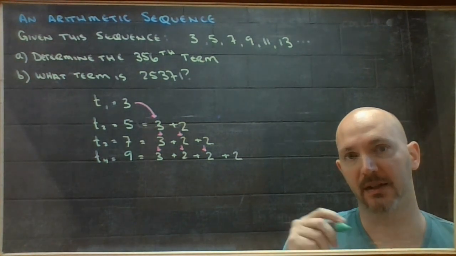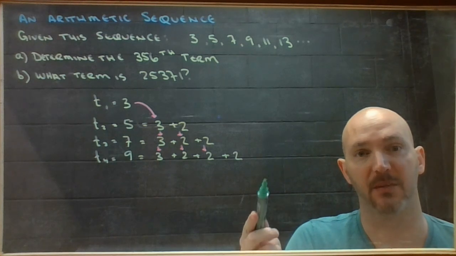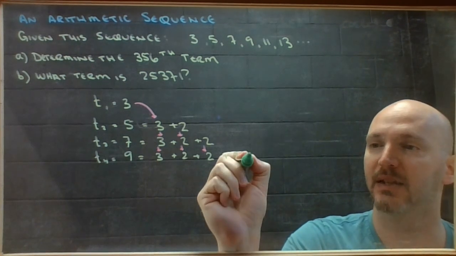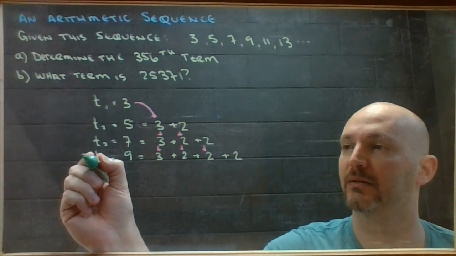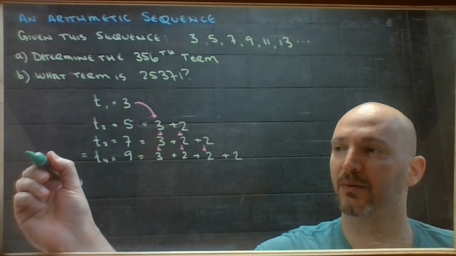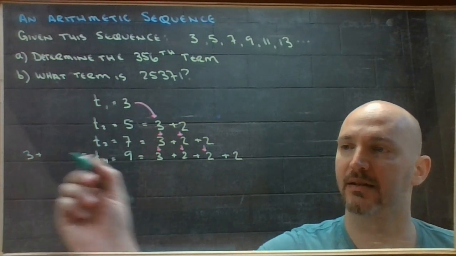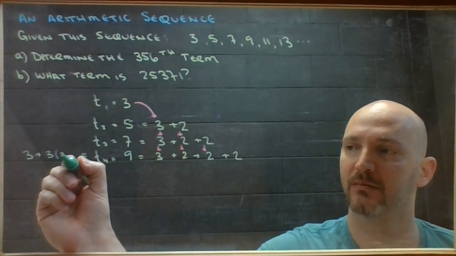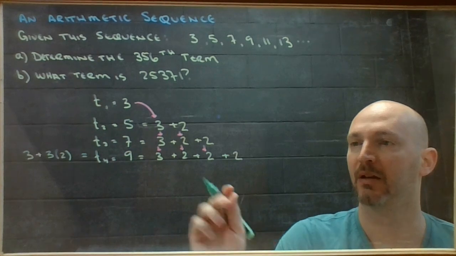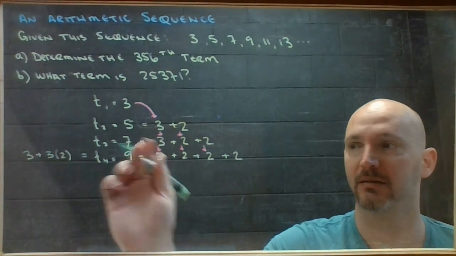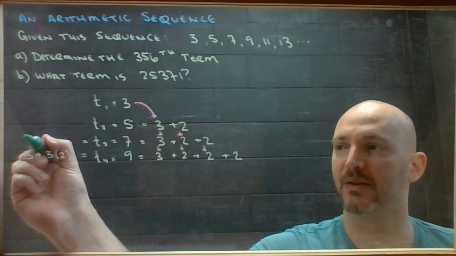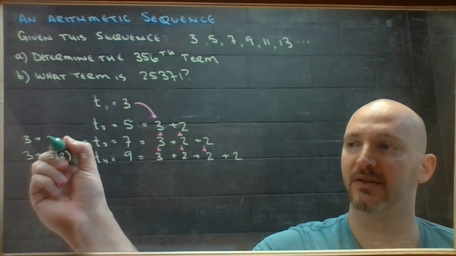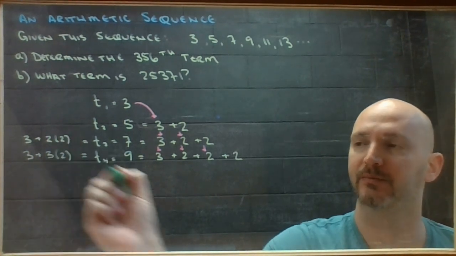Now I think I've got enough here to generate a bit of a formula, because this particular line is 3 plus 3 2s. This line here is 3 plus 2 2s.